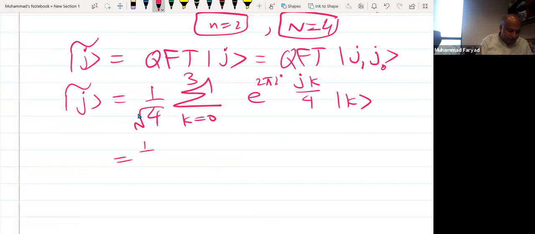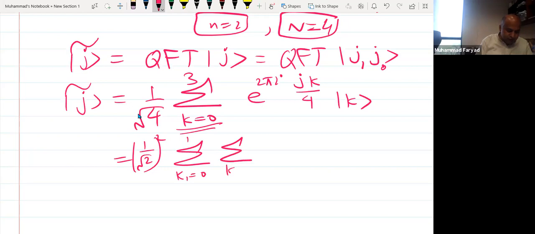So this 1 over square root 4 can be written as 1 over 2, and this sum I can write like this: sum over k1 from 0 to 1, sum over k0 from 0 to 1.